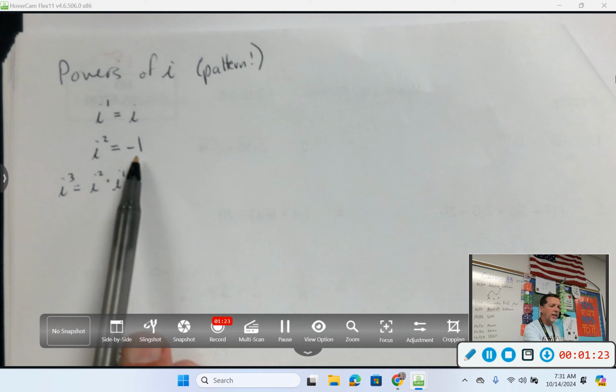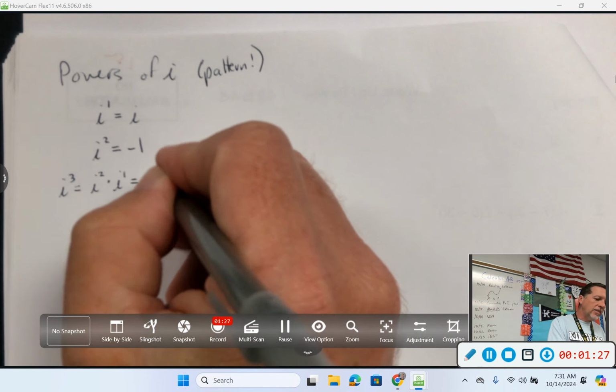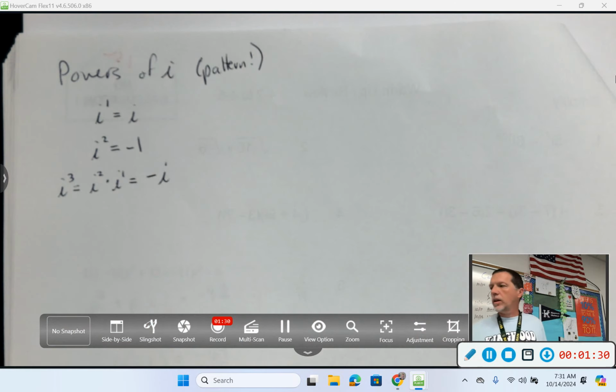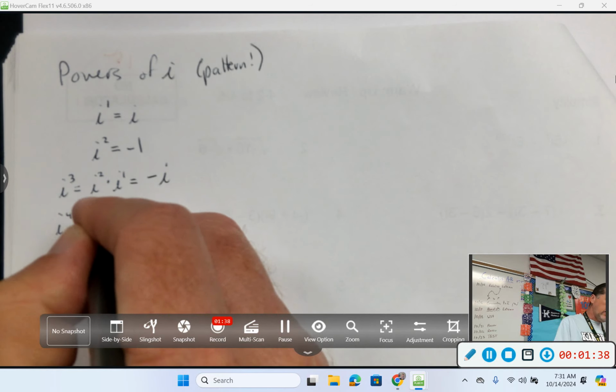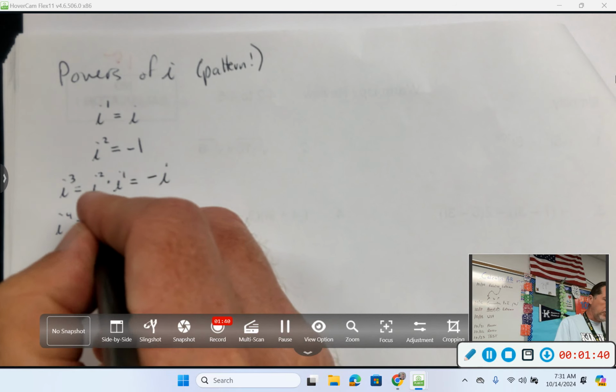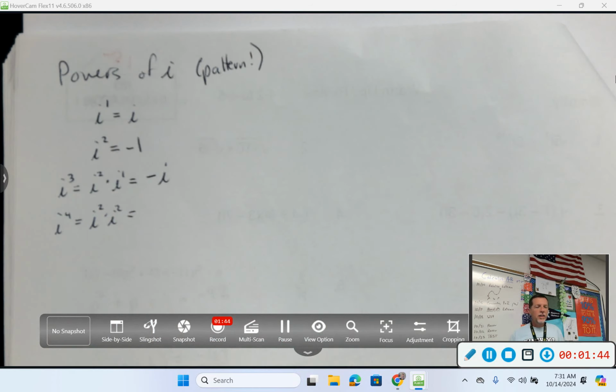So what's i squared times i to the first? Negative i. i to the fourth, I could write as a number of different ways, but probably i squared times i squared would be the easiest way to go. So that would be 1.